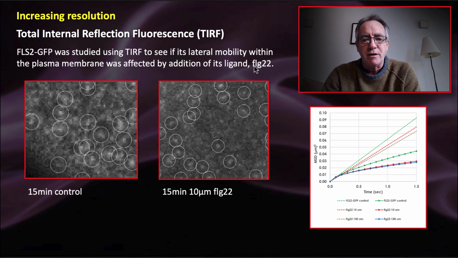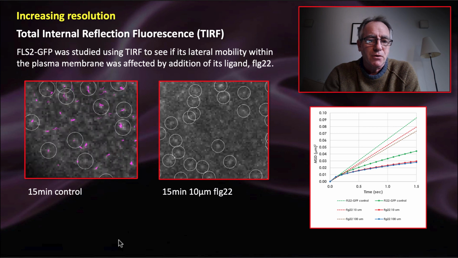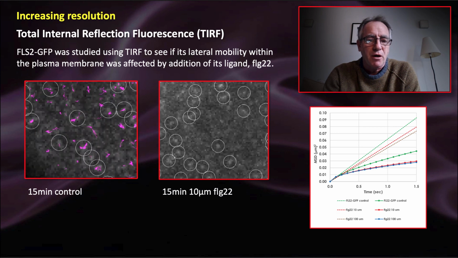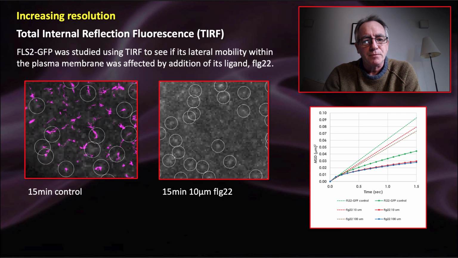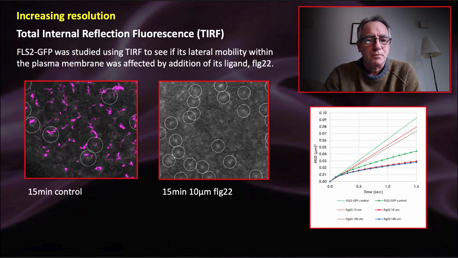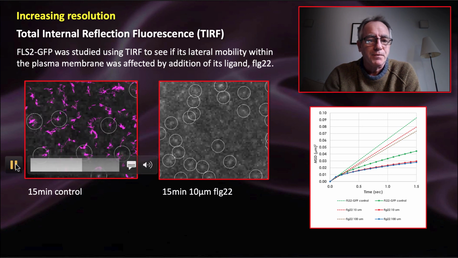So what we did was we added a little bit of that flagellin protein to see whether that changed the motion of the FLS2 protein in the membrane. So here we go with no flagellin 22 added. Watch the circles, see the pink spots, and you see the protein in the membrane. Okay.